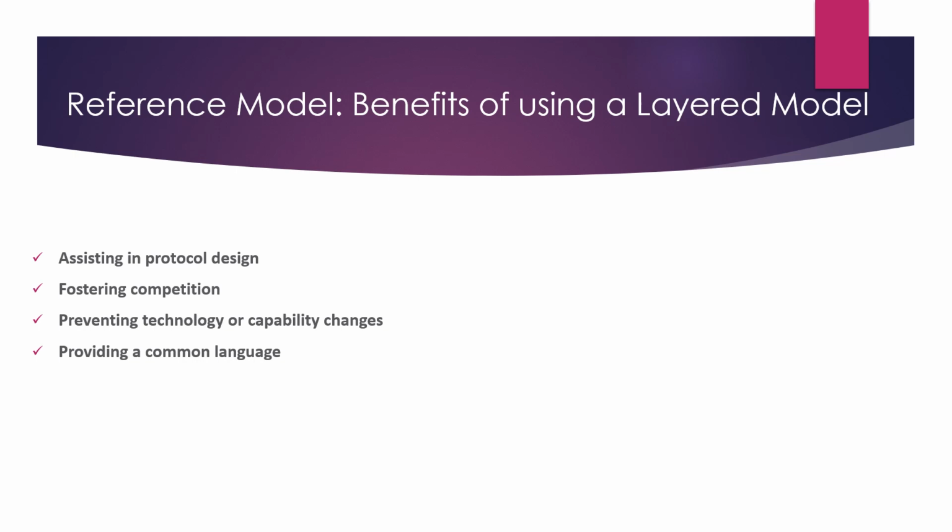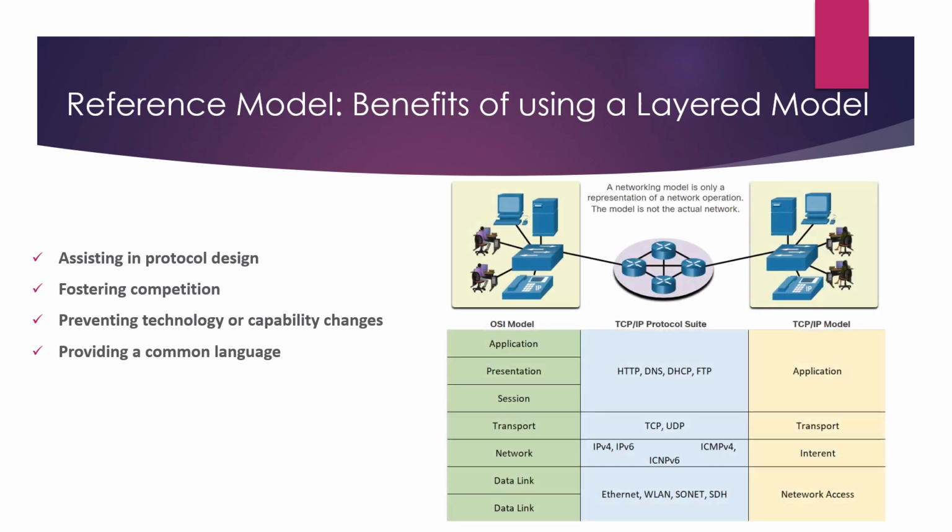And as shown in this figure, there are two layer models that are used to describe network operation. We have the Open System Interconnection Reference Model, which stands for OSI Reference Model, and the TCP/IP Reference Model.